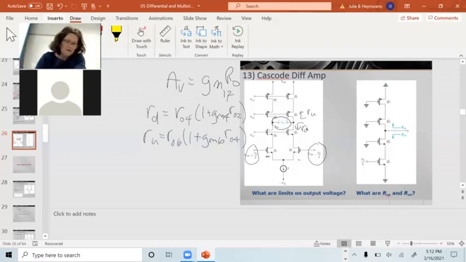I think I'm just about done. Yeah. Isn't that supposed to be GM6 times RO5? Yes, that's a 5. I put 4 in there twice. This is a RO4 there. Should be a 5.